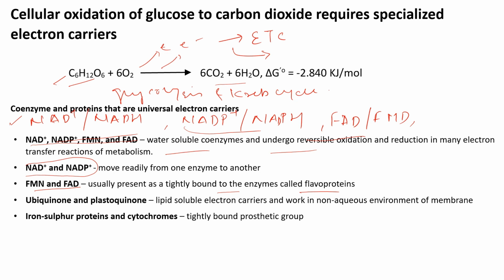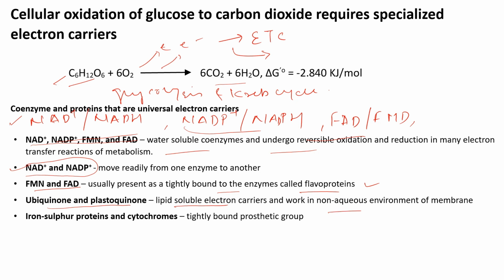Clear? FAD and FMN remain tightly bound to the enzyme in which they function, known as flavoproteins. Whereas NAD and NADP are not bound to any particular enzyme and hence can move from one enzyme to another. Apart from these, ubiquinone and plastoquinone are lipid-soluble electron carriers that work in a non-aqueous environment.